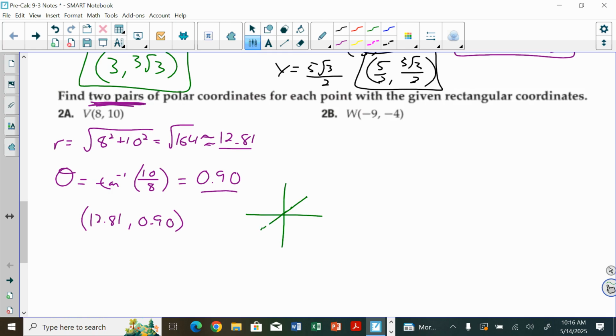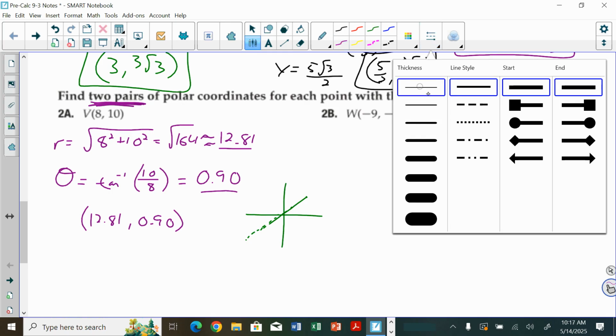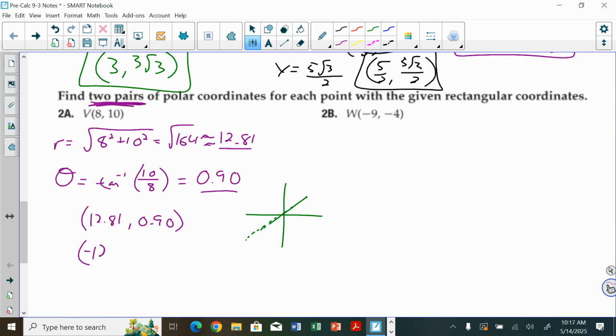Remember, if I go on the opposite side and use a negative, I'm still good. Okay, so that's why I would have to have another one at negative 12.81, and it would be 4.04, because remember here, I'm adding pi to get there, okay? And then here, same thing.